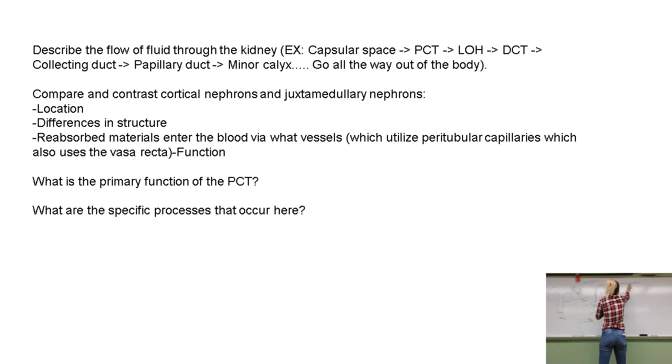And juxtamedullary is literally telling us, like, next to the medulla, or like by the medulla. So cortical nephron is mostly in the cortex. A juxtamedullary nephron reaches down into the medulla. Okay, cortical is in cortex.